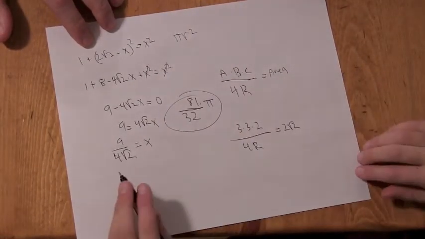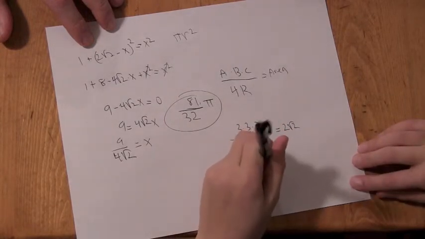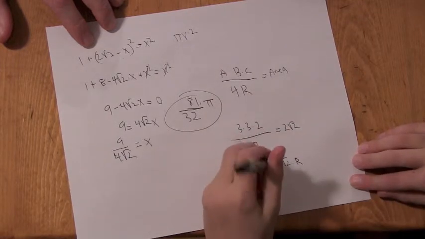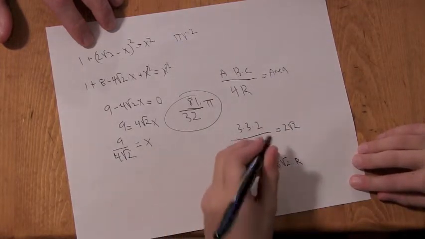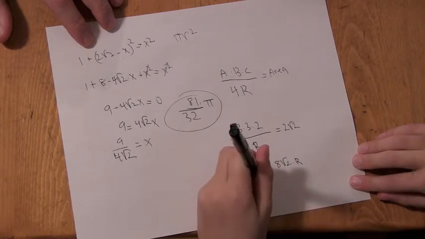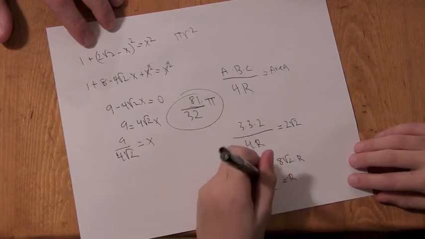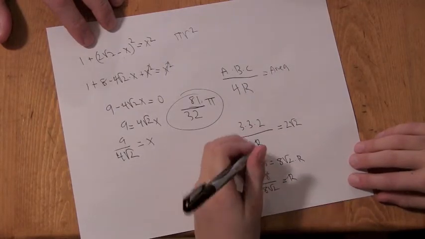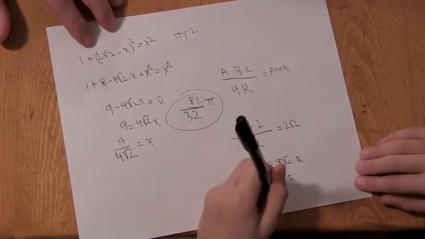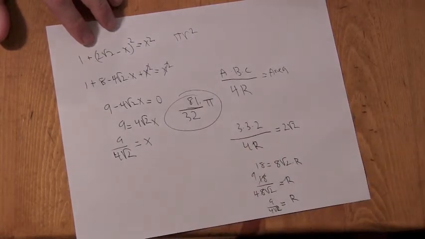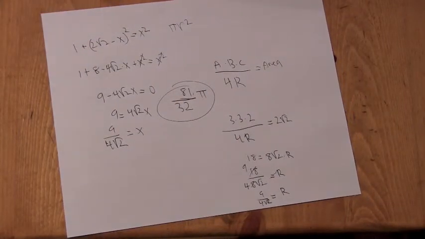So you get 18 is 8 root 2 times r. 18 over 8 root 2 is r. So you get the same thing, 9 over 4 root 2 is r. Okay, so that's a useful formula as well. We've talked about that area formula before, and this is just a case where it happens to come into play.